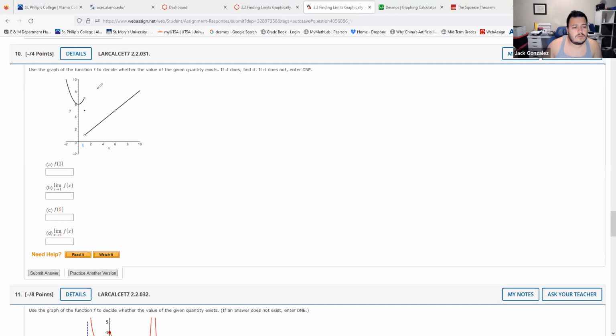There's a hole here and a hole there, so it has to be here. So I would say it is 5, right? The function at 1. Do you remember what this notation means? I'm assuming everybody does, but if you don't, let me know.